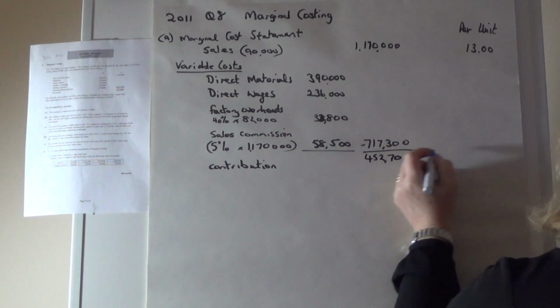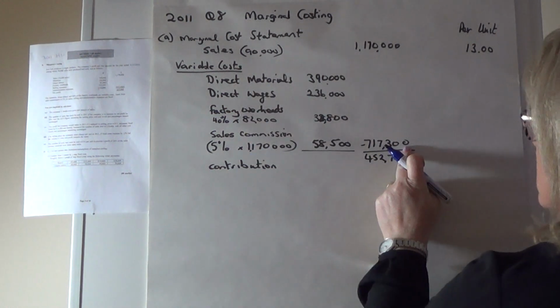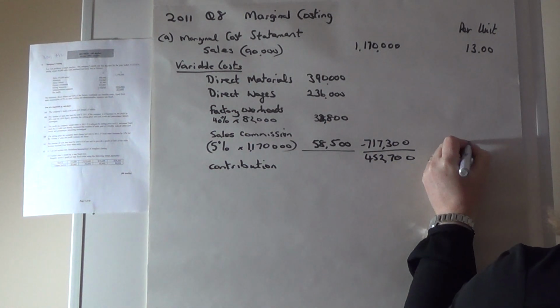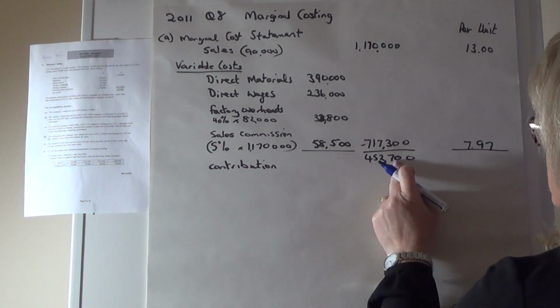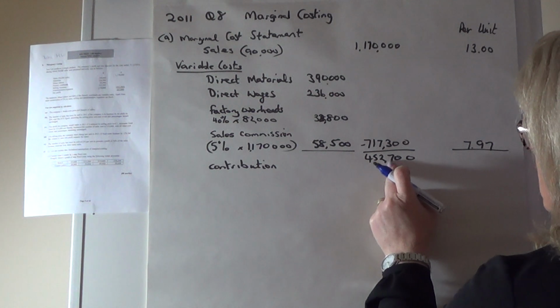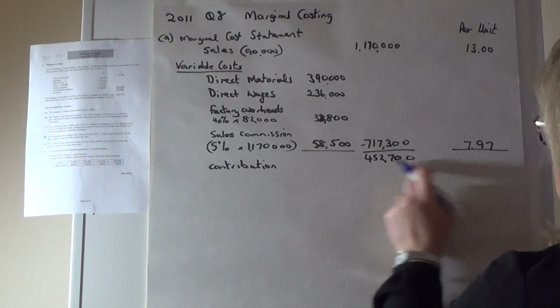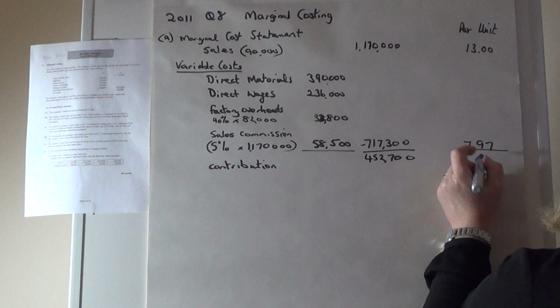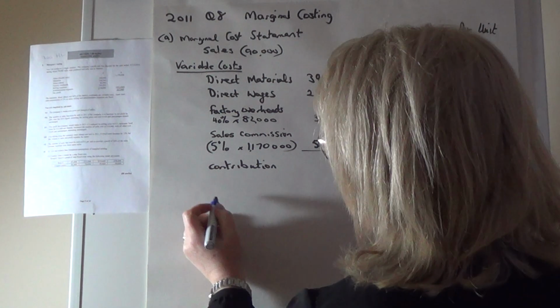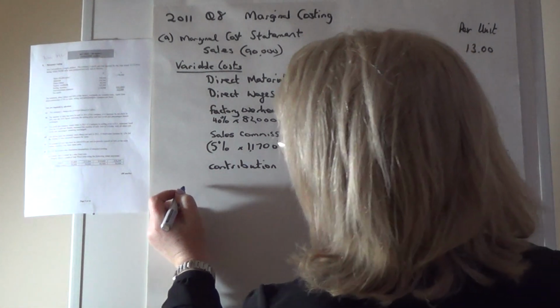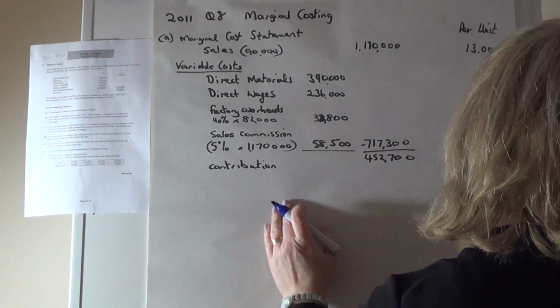On the variable costs, if we're dividing by 90,000, the variable costs work out at 7.97 per unit, and the contribution per unit, 452,700 divided by 90 works out at 5.03. We should tally anyway.